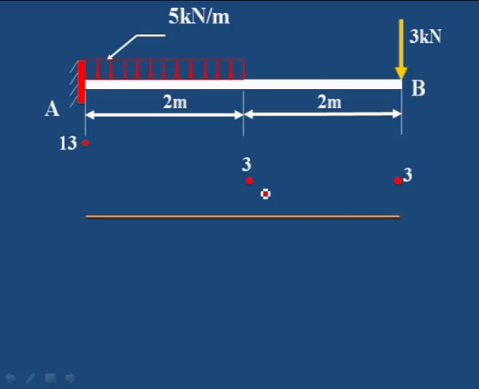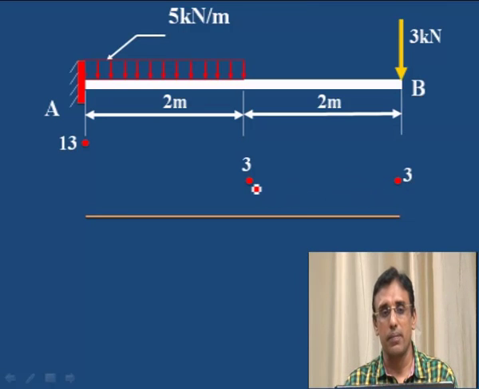Then from here to here there is no change in shear force, therefore the same 3 kilonewton remains. And then for 5 into 2, 10 is added, therefore 10 plus 3, 13 kilonewton is the value at A. Now it should be an inclined line from here to here, then a horizontal line, and we drop here and close this polygon.